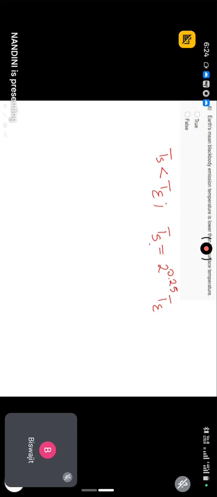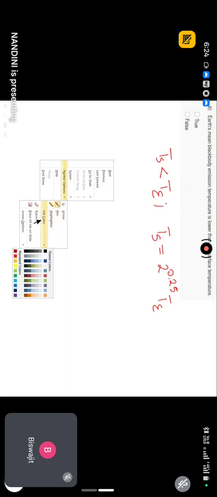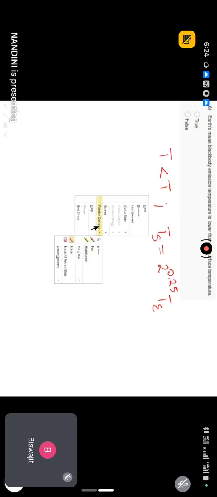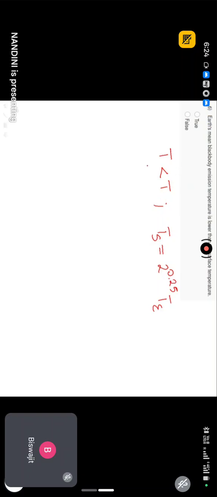The Earth's mean black body emission temperature is lower than the surface temperature. Te is less than Ts.